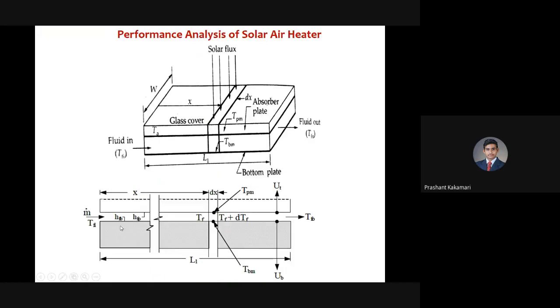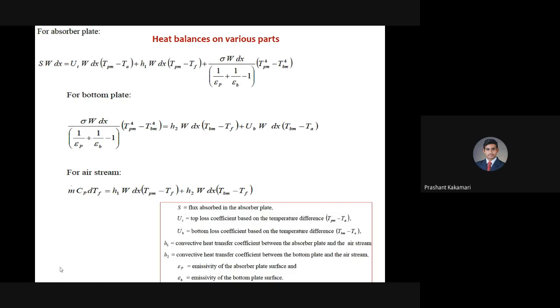Because it is the heat transfer coefficient between the fluid and the bottom plate, HFB. In place of that I have written H2, the second heat transfer coefficient, where the air is exchanging heat with the bottom plate. So that is H2 into area W dx into Tbm minus Tf. In all equations you can just cancel W dx because it is common for all the equations. You can cancel it later and write in the short form also.